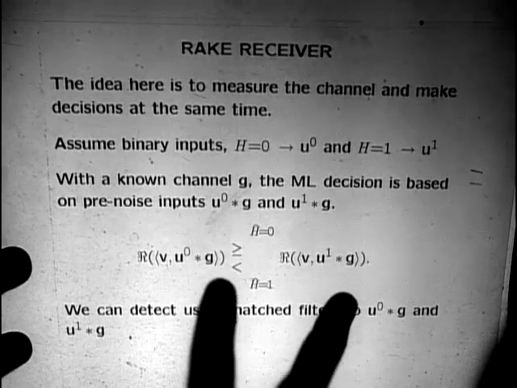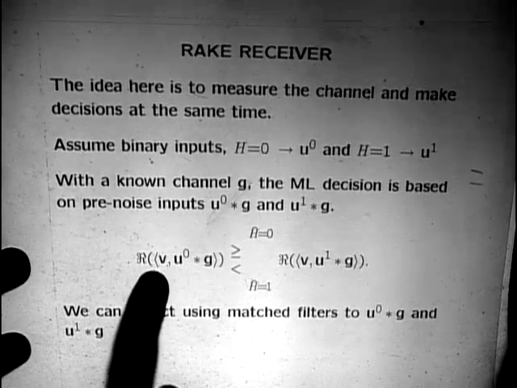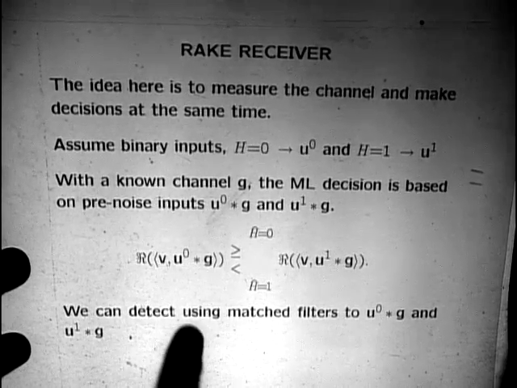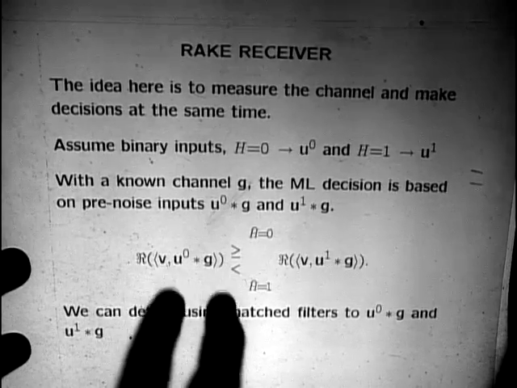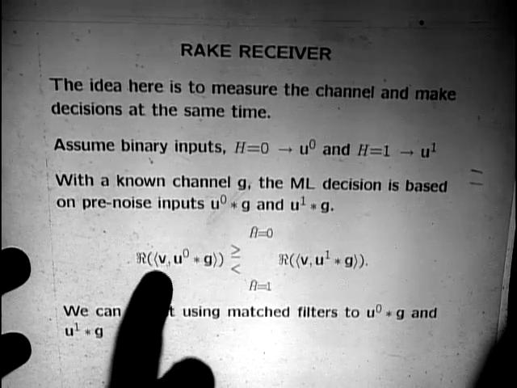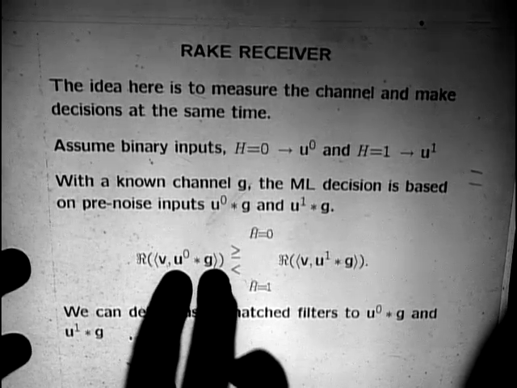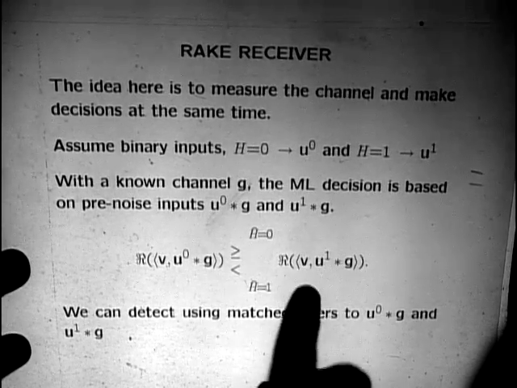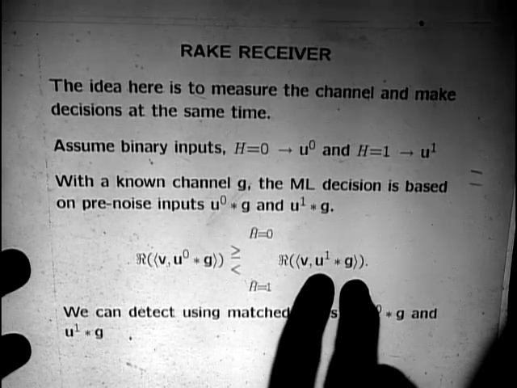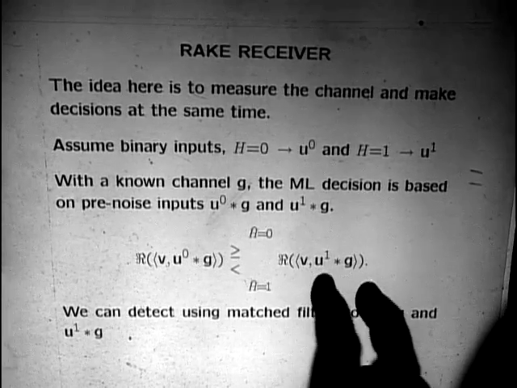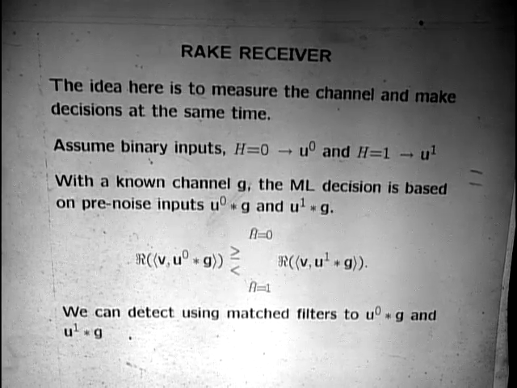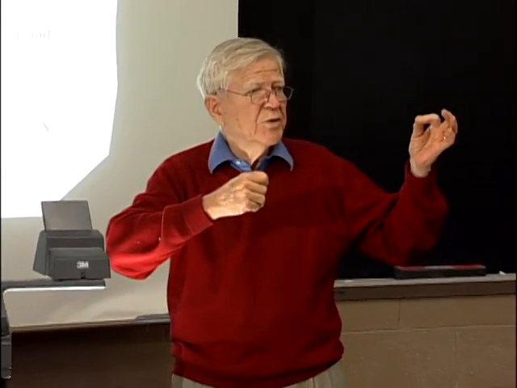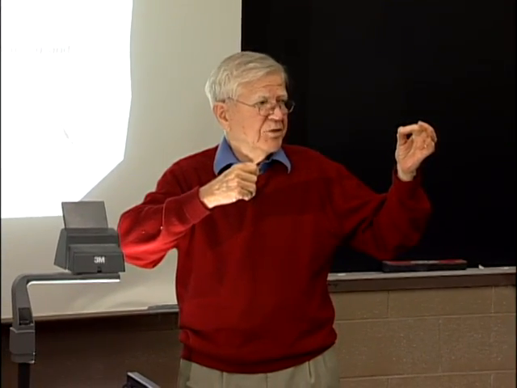When you go through all of that, you find that the maximum likelihood decision is to take the real part of the inner product of the output with U0 convolved with G, and the real part of the inner product with U1 convolved with G. In other words, as far as anybody is concerned, we're not using U0 and U1 directly in making a decision.